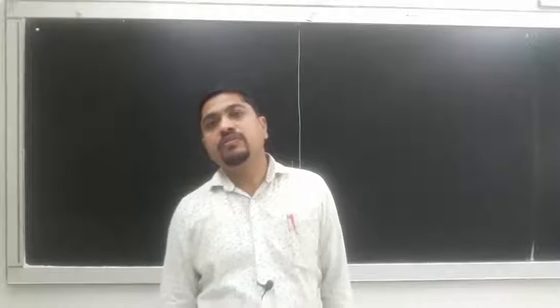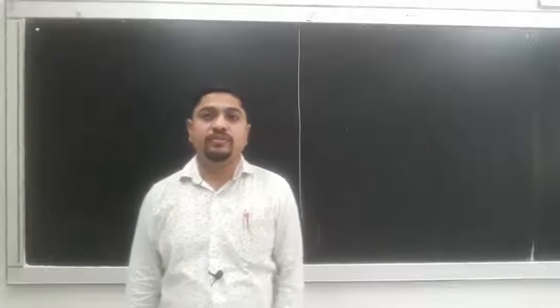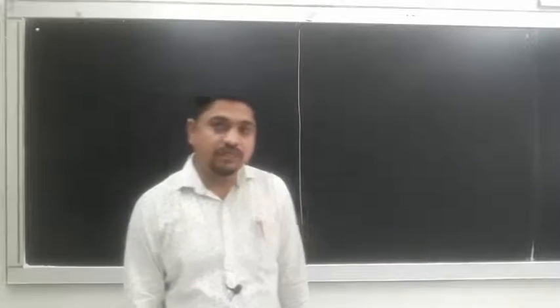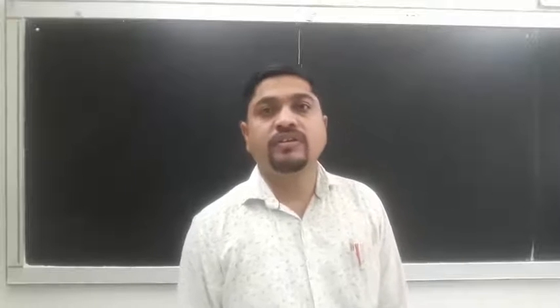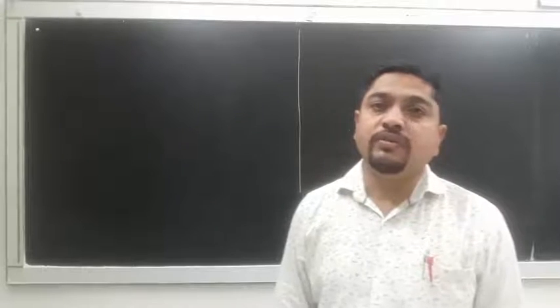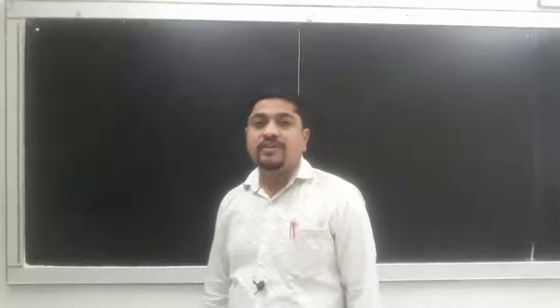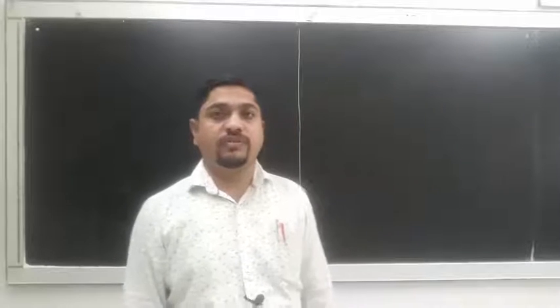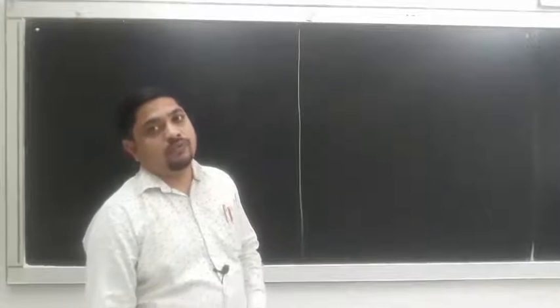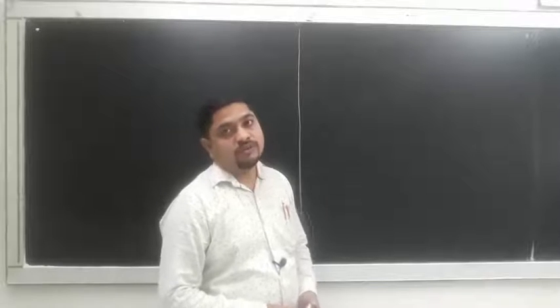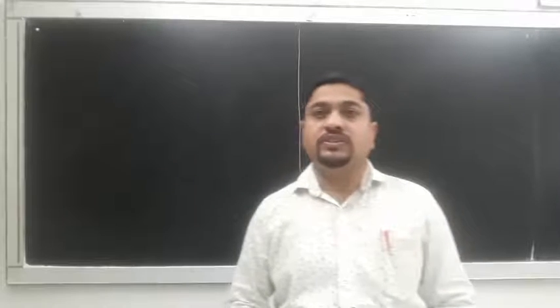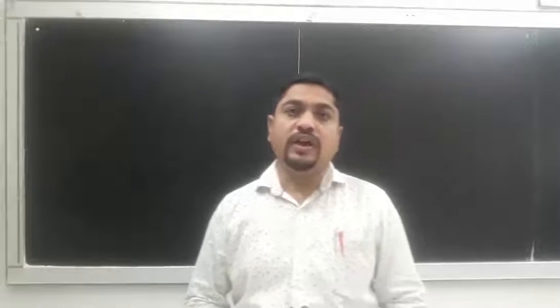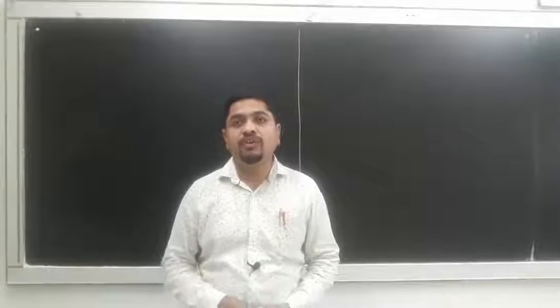Again we have to discuss several variable calculus. In the previous lecture we discussed partial derivatives, or first order partial derivatives, and we found partial derivatives of some functions. So how do we find the partial derivatives?